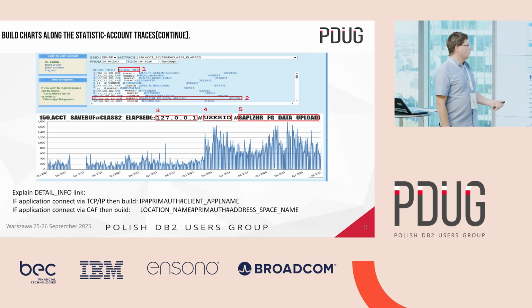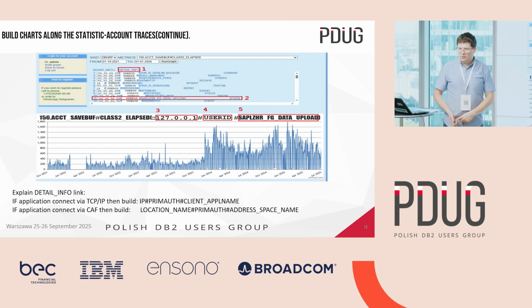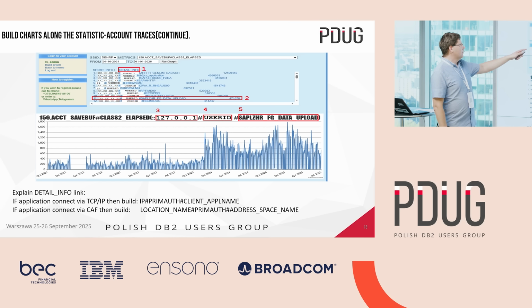Maybe I still don't have complete information, because in this case the SAP data upload application maybe runs from different hosts, maybe runs from different user IDs, and options like detail info allow me to build a list of applications with additional information: IP, primary authorization ID, and application name.